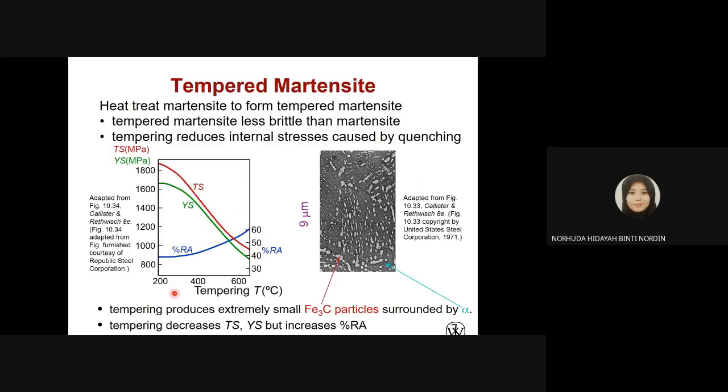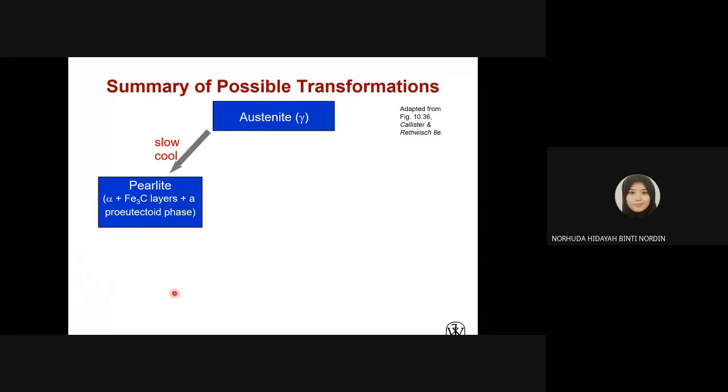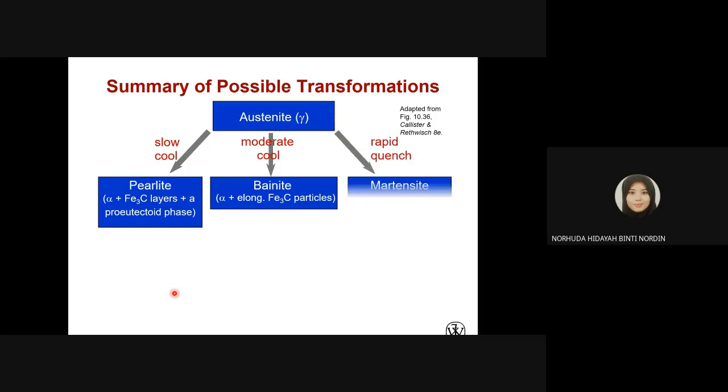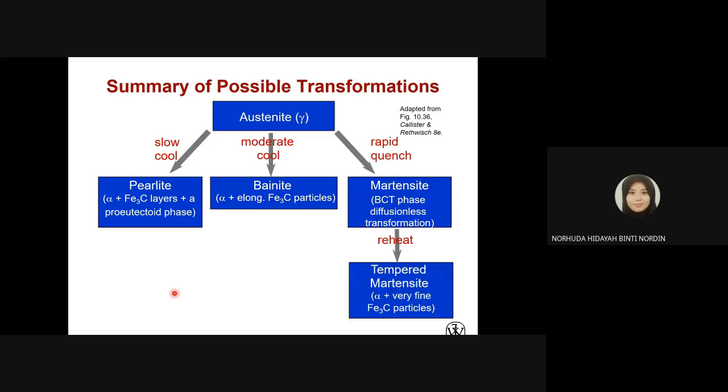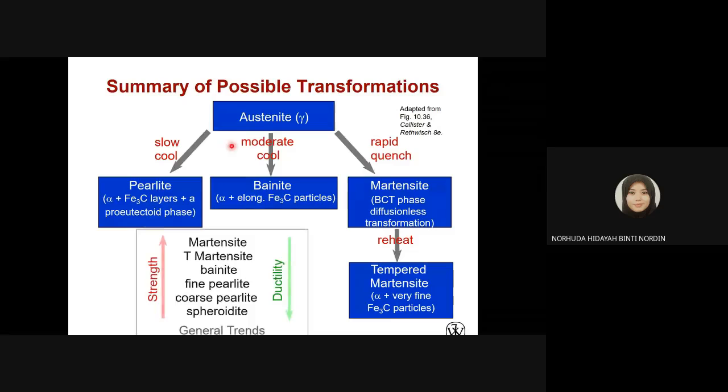Let's see the summary, then you will understand more. As I said before, if you want to get pearlite, you cool the austenite slowly.